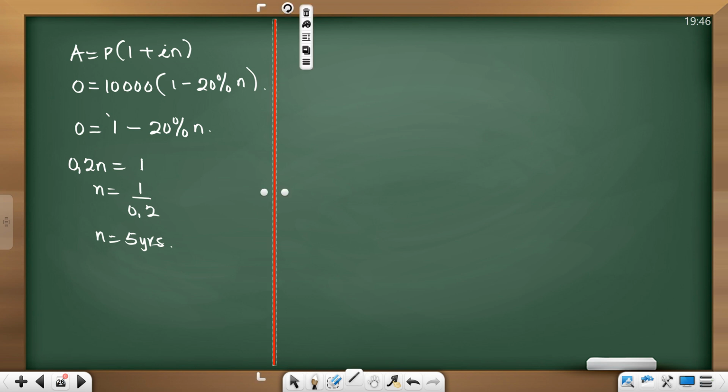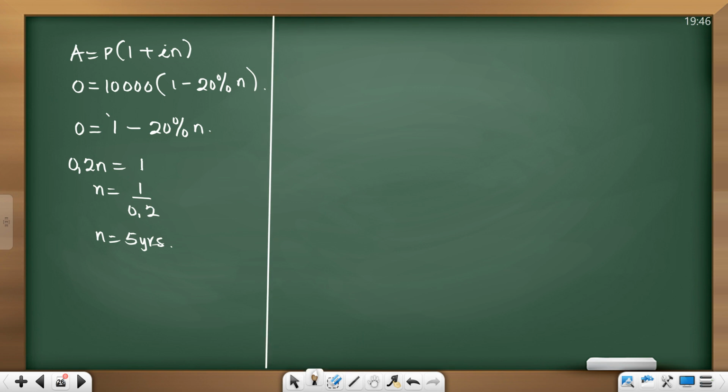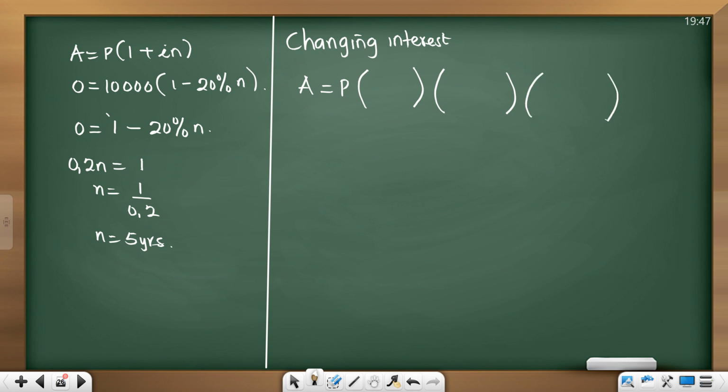All right, take note of this. Changing interest: A equals to P, all you need to do is just keep multiplying.